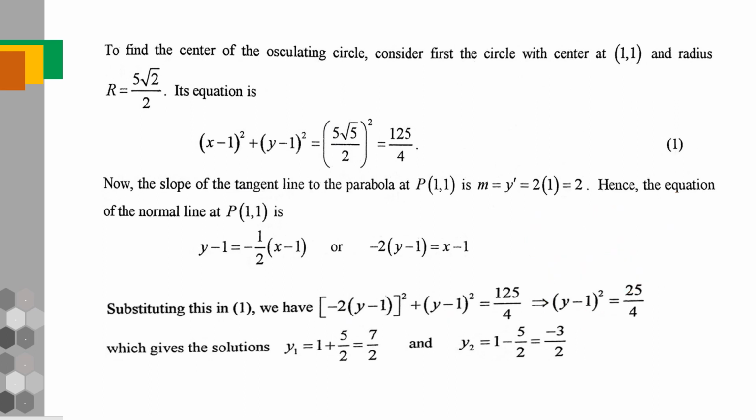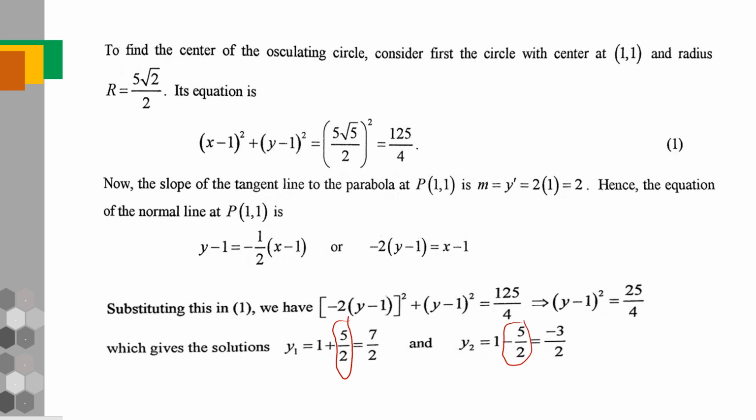Which gives the solution for y1. We take the square root of both sides, and we get plus and minus. The square root of 25 is 5, and the square root of 4 is 2, so we have plus and minus 5 over 2, positive 5 over 2 and negative 5 over 2.